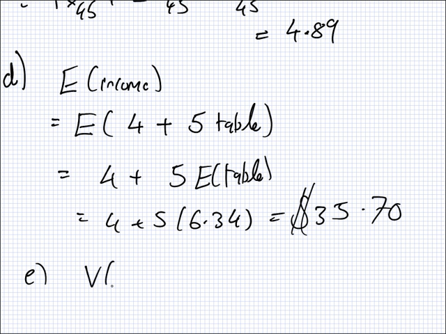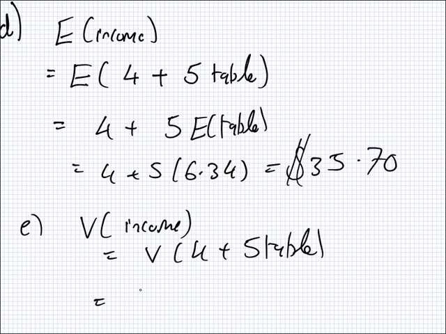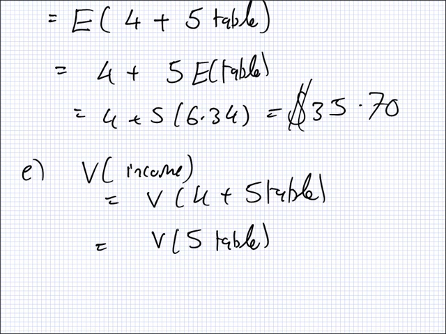And lastly, what's the variance of our income? That's the variance of 4 plus 5 times the number of tables she'll serve. And how does the 5 come out? Does it just come straight out? No, it doesn't.